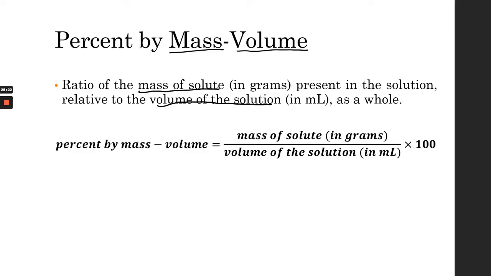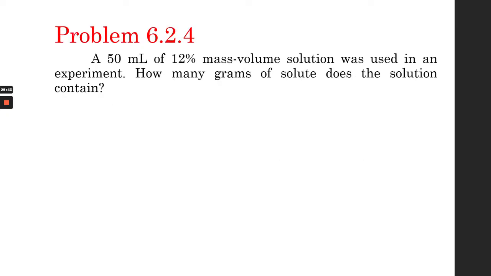You can think of it as solute usually being in solid form and volume usually in liquid. So I think it's more intuitive to think that we are dissolving some solids in a liquid solution or in a liquid solvent. Okay, so how do we use this?